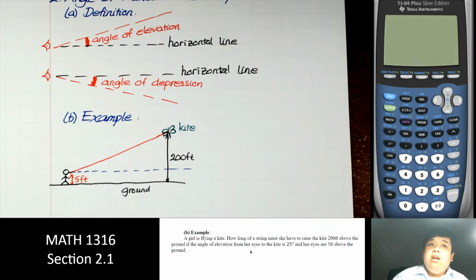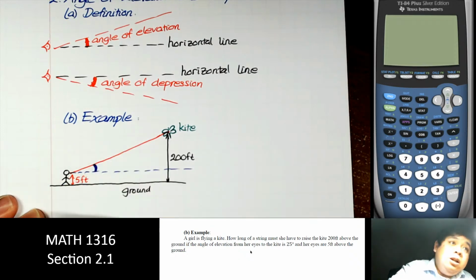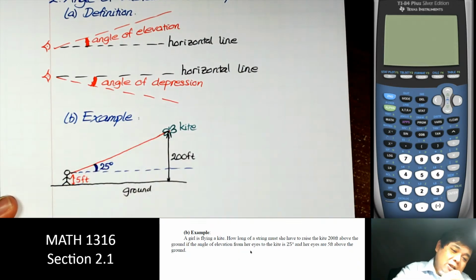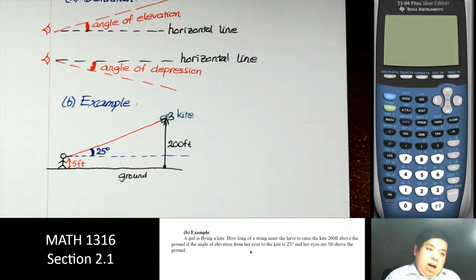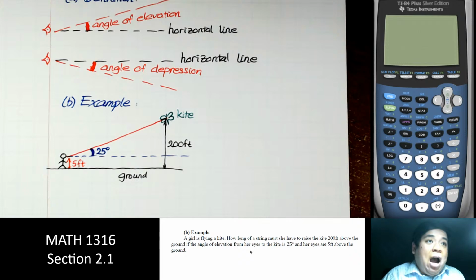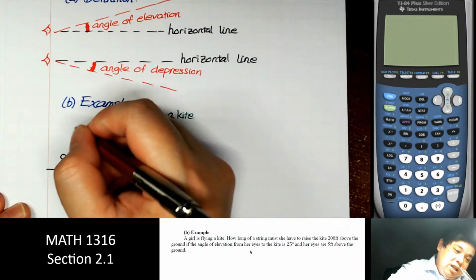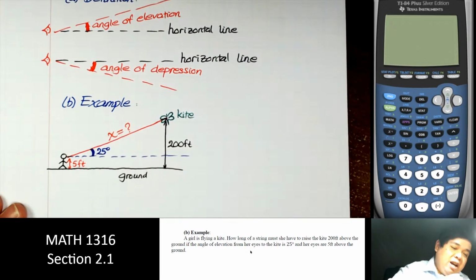And the angle of elevation is 25 degrees. Right, so that's what we have. The question is, how long must the string be? They say the string here, what is the length of that?